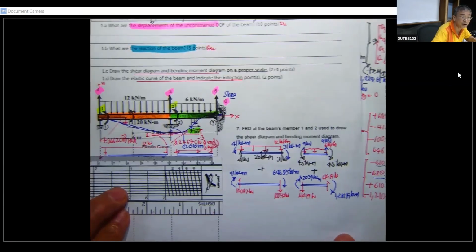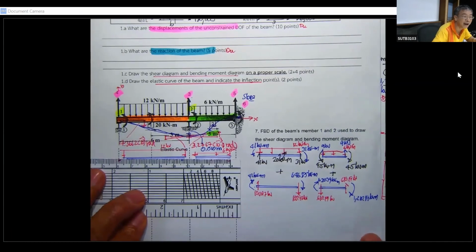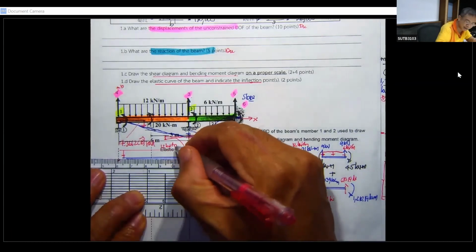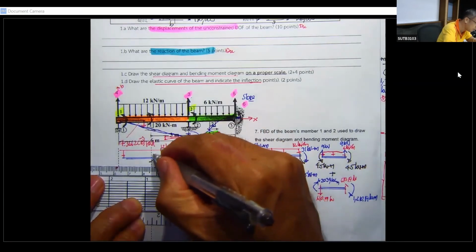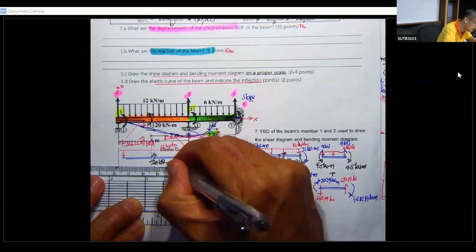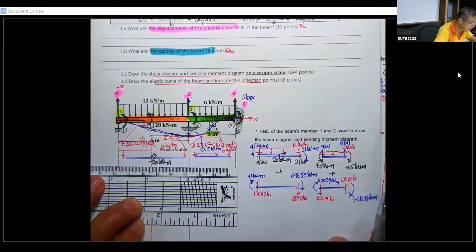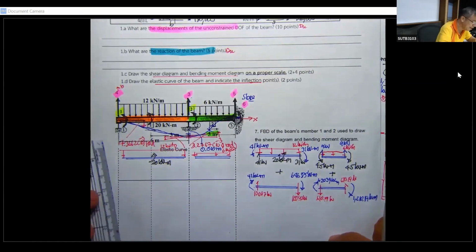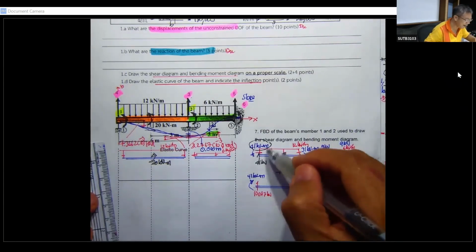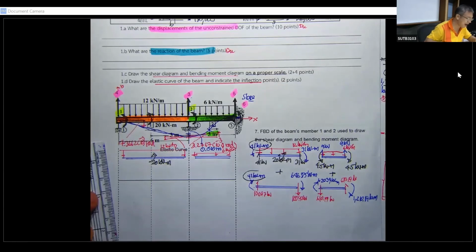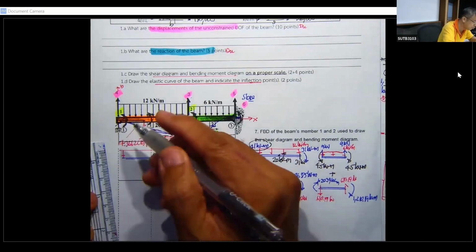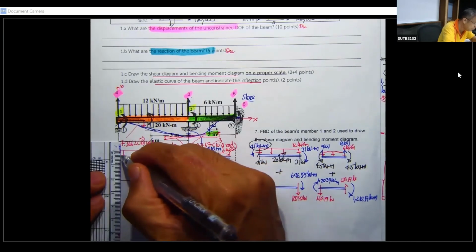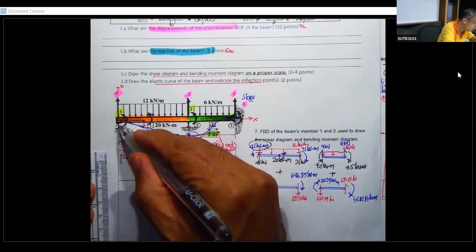Just move to the right, okay, and 20 kilonewton meter is here. And by combining, you can see this one and this one delete each other, and then it's going to be 0. That's going to be close to this one because it is lower here.